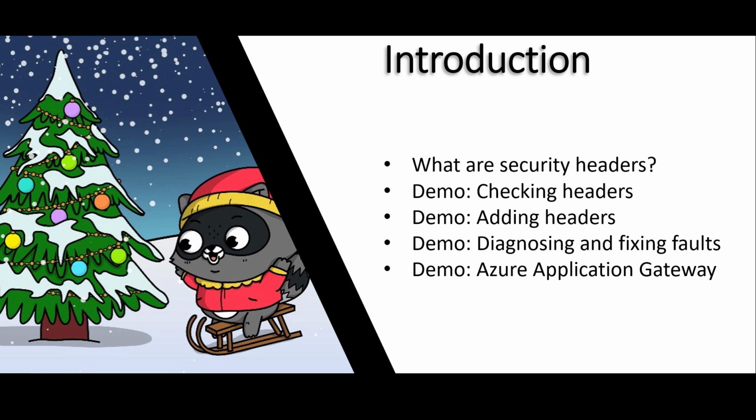The third demonstration will show you how to check the headers do not break the functionality of the website and how to diagnose and remedy them when they do. And finally, we'll look at how we can use other infrastructure resources, such as the Azure Application Gateway, to implement headers across multiple applications.